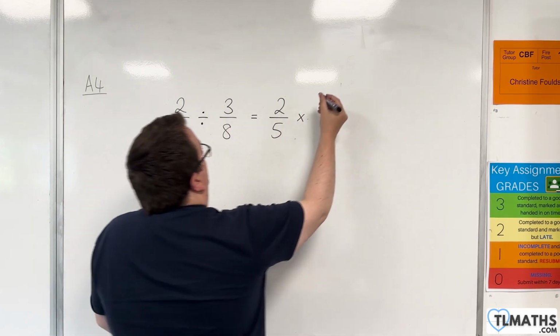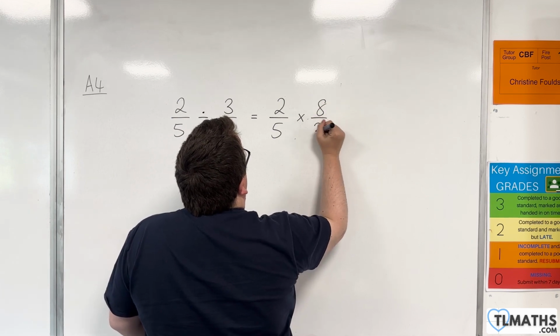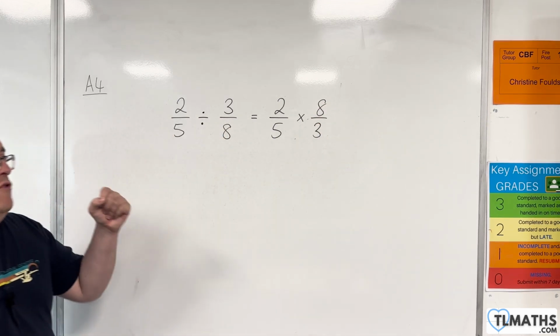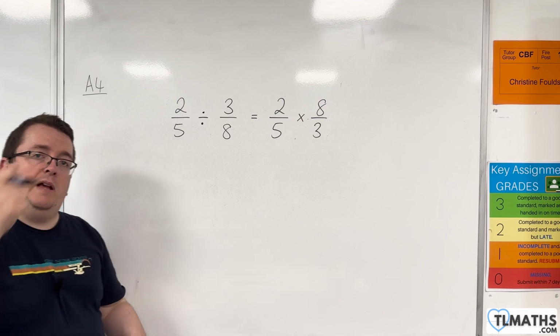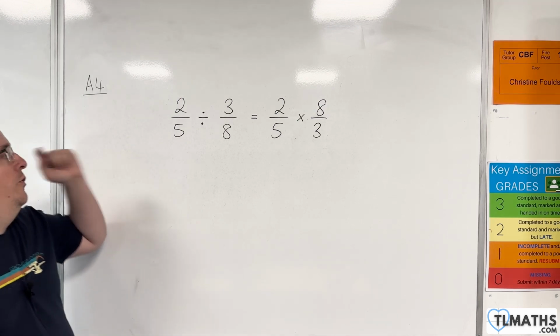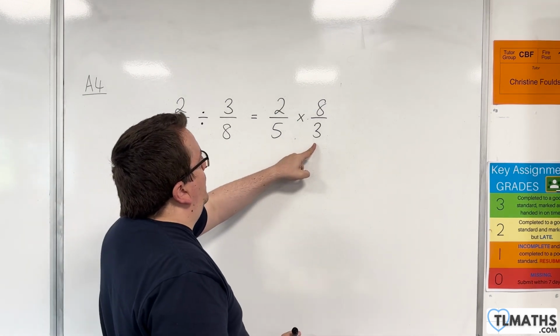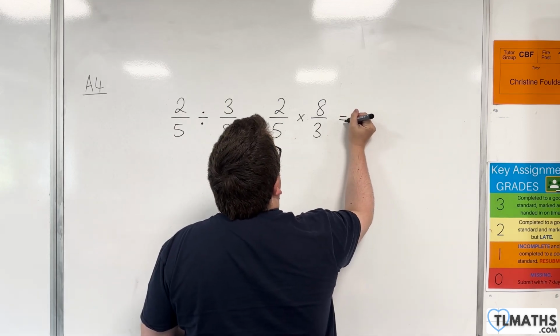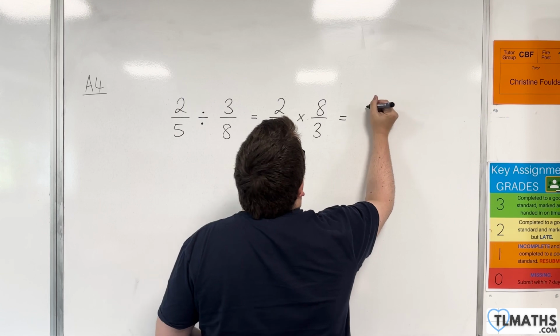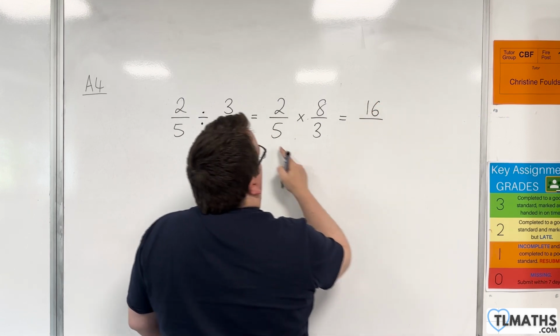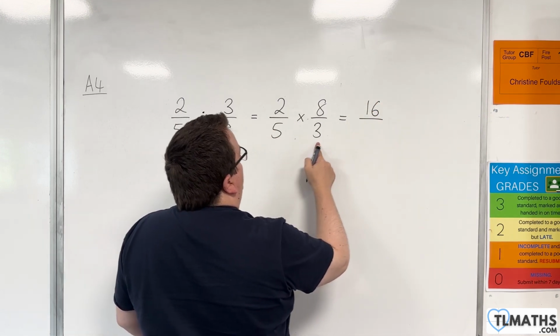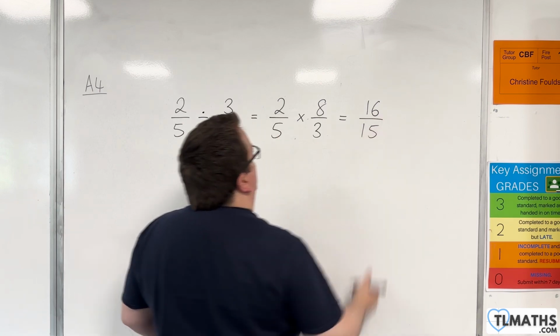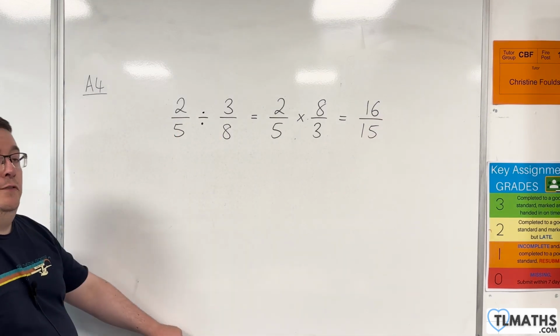Now the reciprocal just meant flipping it upside down. The numerator becomes the denominator and the denominator becomes the numerator. So 3/8, the reciprocal of that is 8/3. We then multiply the fractions together. So we multiply the numerators, 2 times 8 is 16. 5 times 3, multiply the denominators together, is 15. So our answer here is 16/15.